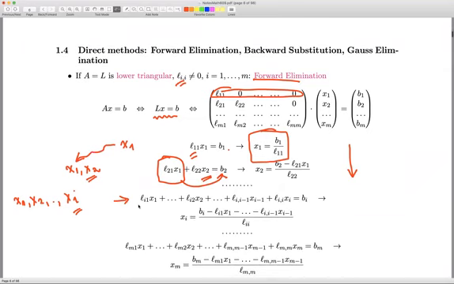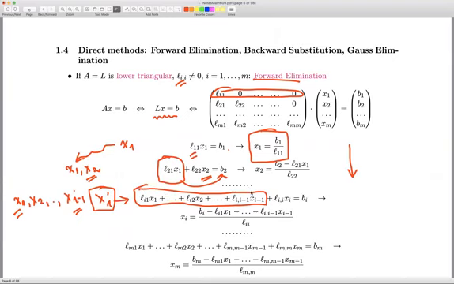When we get to the ith equation, we will have already computed x1, x2, and so on up to x(i-1), and the only effective unknown by the time we reach the ith equation is xi. Therefore all the terms to the left of xi are known.